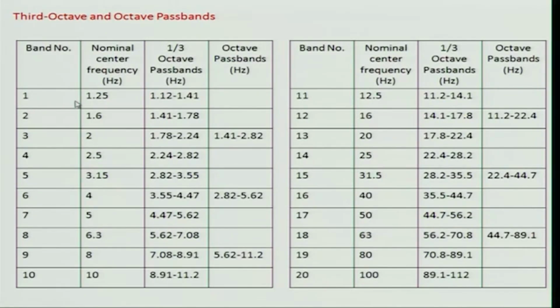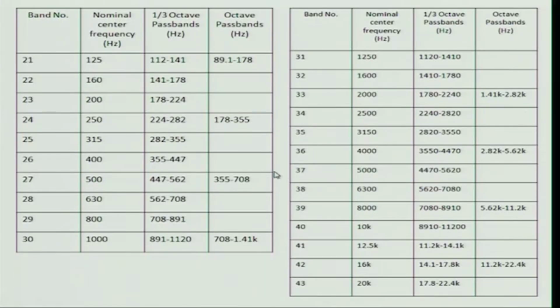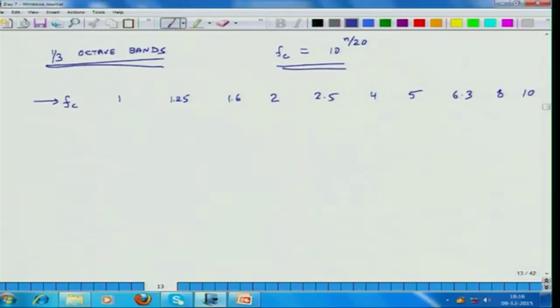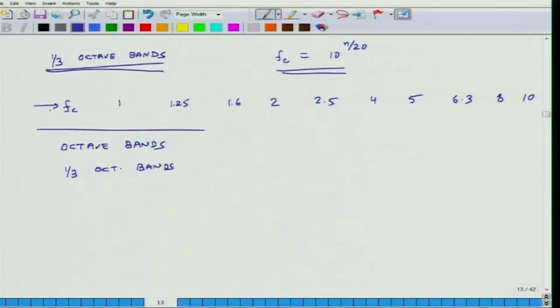See, here we started from 1.25. It should have started from 0, right? So this is how it goes. Do you understand that? Now, last point. We have talked about octave bands, and then we have talked about 1/3 octave bands, which give you finer resolution.